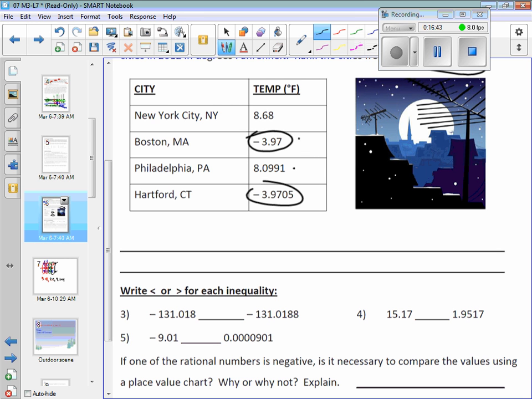So with negative numbers now, you're looking at which of the digits are higher, because remember, everything's flip-flopped. Right? That's kind of the hardest part. Or visualize it on a number line. You're looking for the number that's furthest to the left. Evan, it is Hartford. Hartford is my coldest.